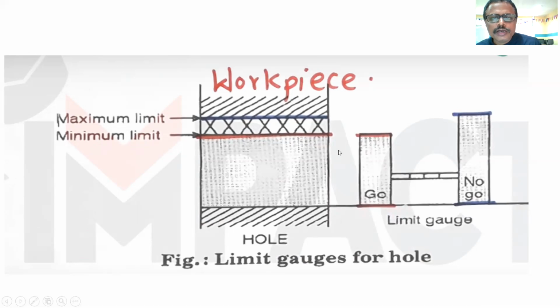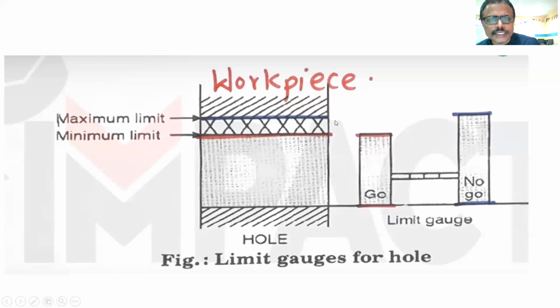So the go gauge will check the minimum limit size for the hole. So the go is set for the minimum limit size for the hole. If this go enters this hole, then this entire component is accepted. If this go doesn't go here, then it is rejected.